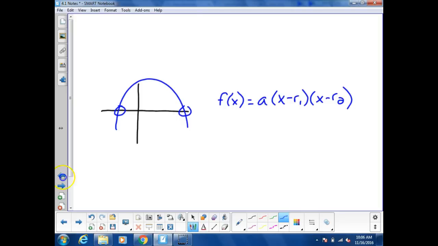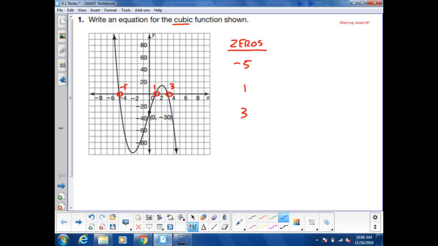So if I've got zeros of -5, +1, and +3, what does that mean?